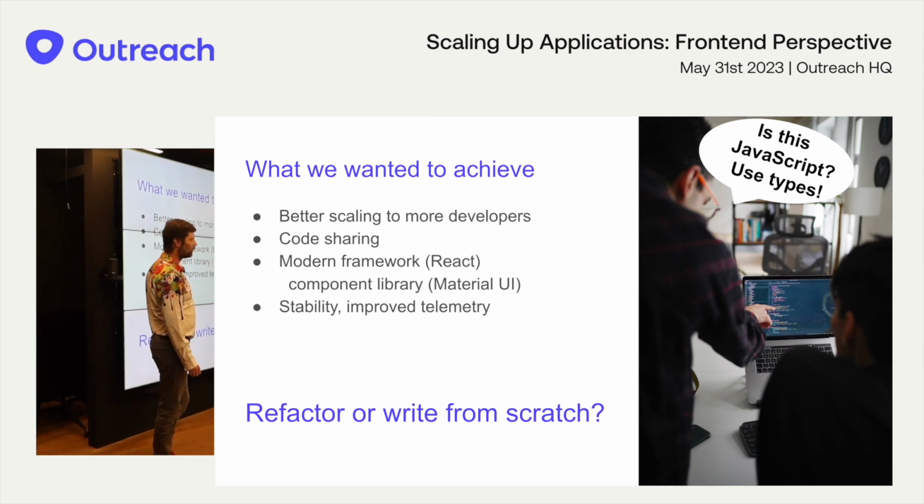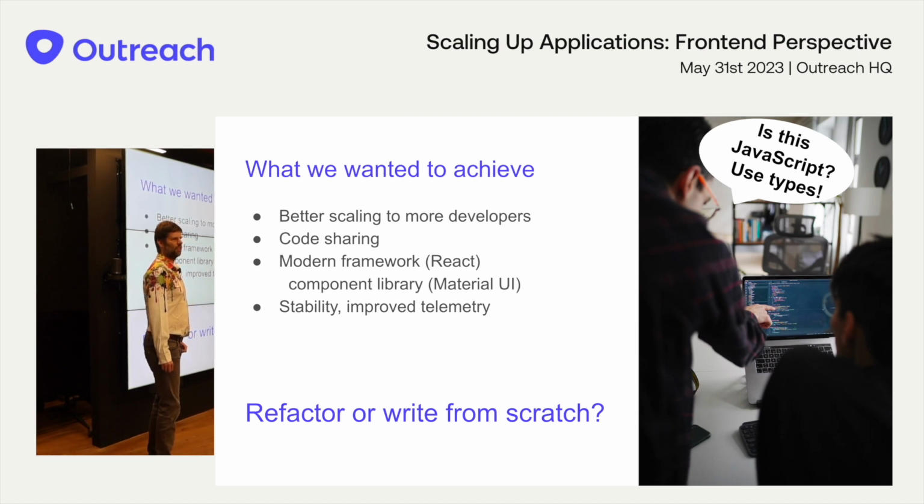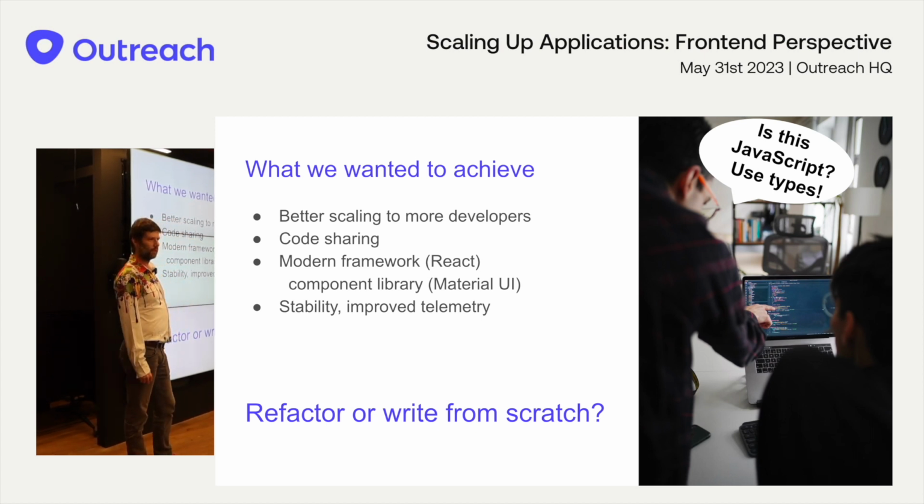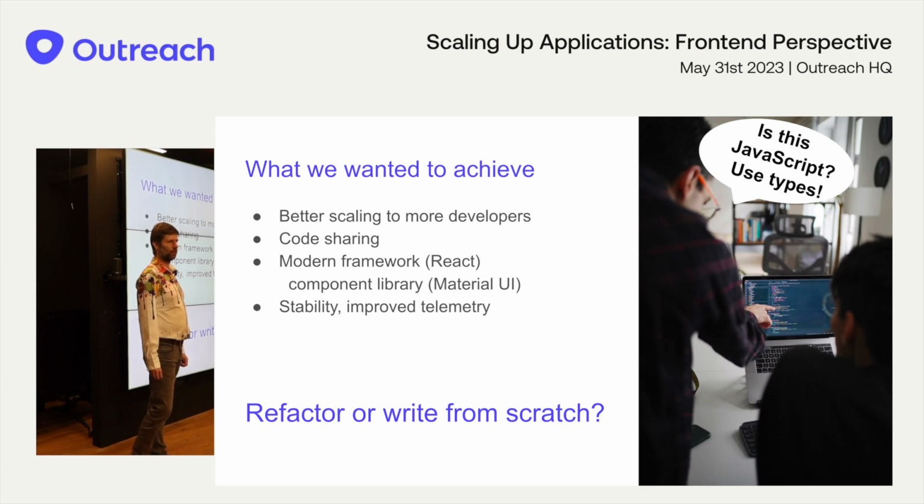And also, it started to become a little bit obsolete. We didn't have all the monitoring and telemetry that we wanted to have and similar. So in the end, we decided to move on to something that would scale better to the growing number of developers. So we switched from JavaScript to TypeScript as one example.